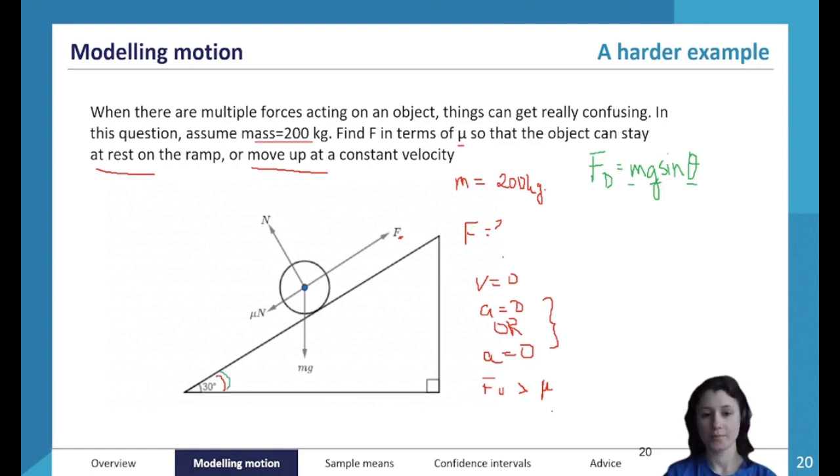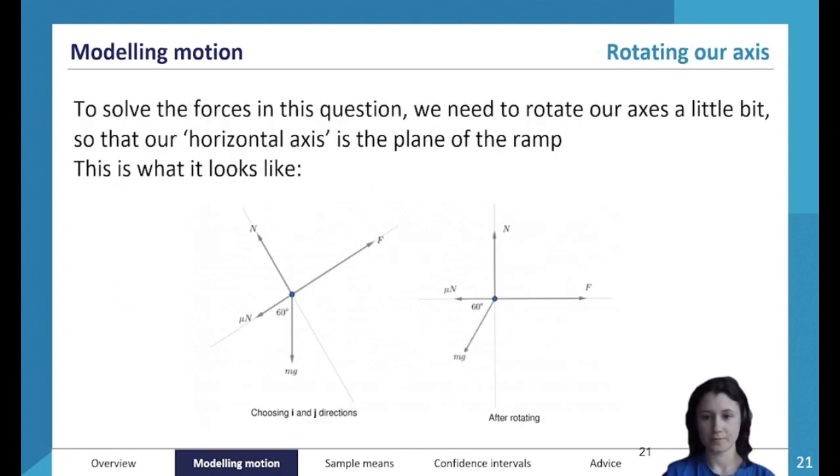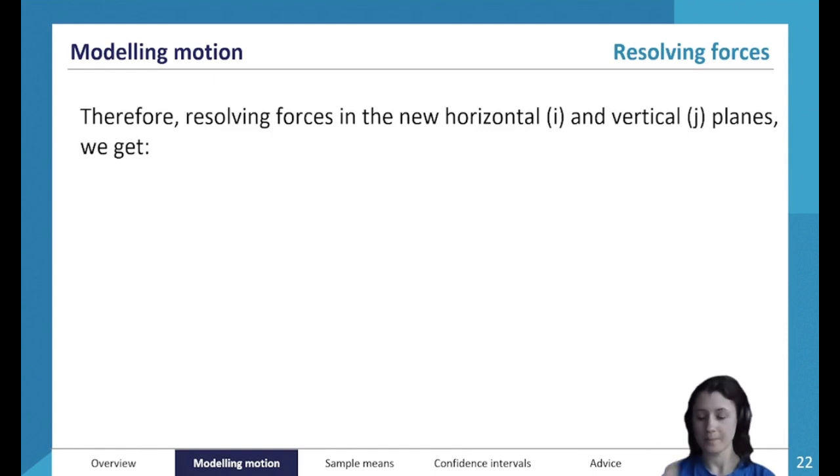So, force down is going to be equal to mass, which is 200 here, times 9.8, alright, sine 30.